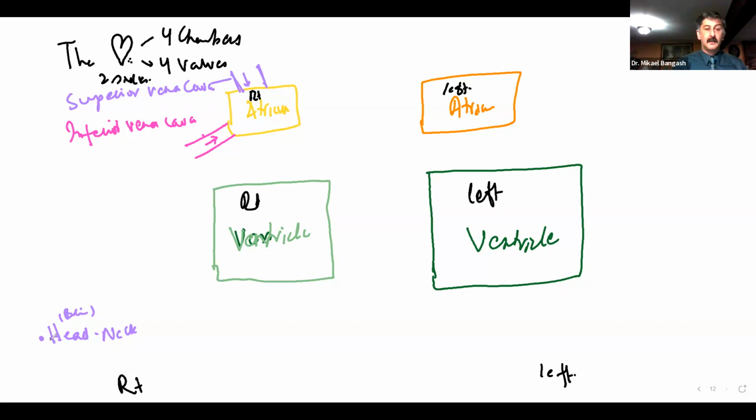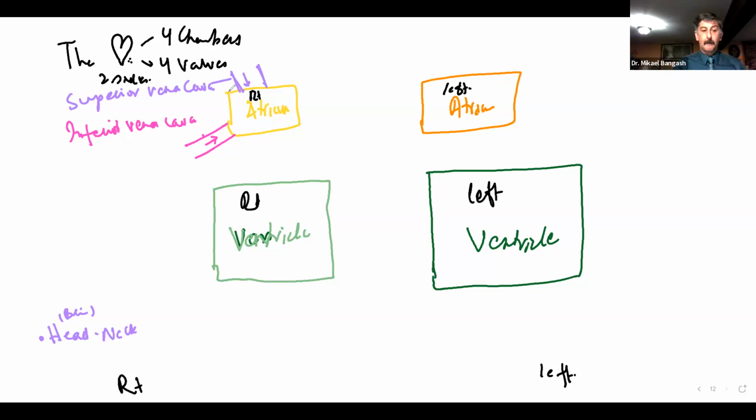All that blood returning from those structures is going to enter the right atrium through the superior vena cava. Even blood that returns back from the neck: the structures that you find in the neck empty into the right atrium through the superior vena cava.